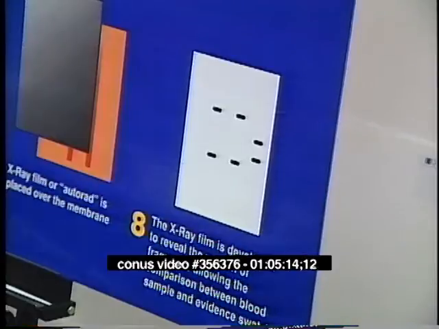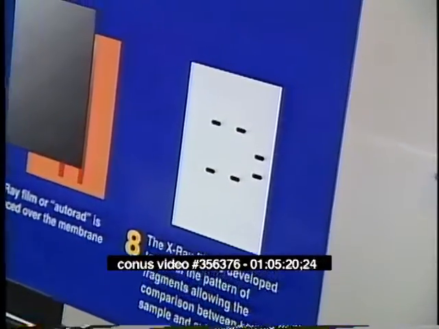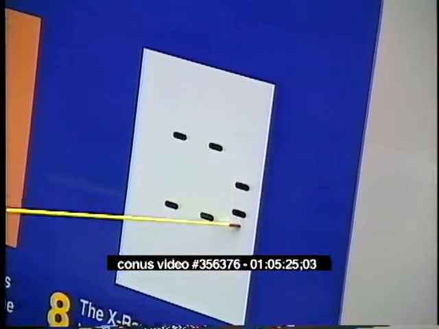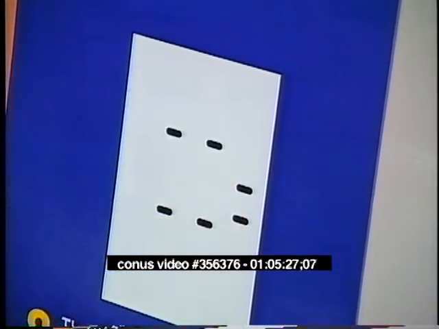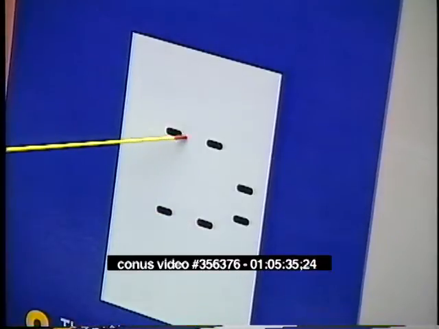And then if you go on to the middle sample, you have two bands on this autorad from this middle sample. And then if you go to the third sample, you also have two bands. The middle sample and the sample on the left that I'm pointing to, the bands are in essentially the same position.